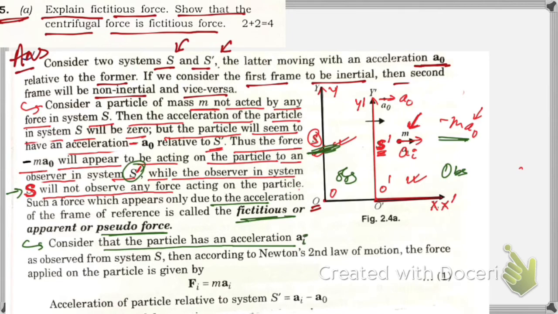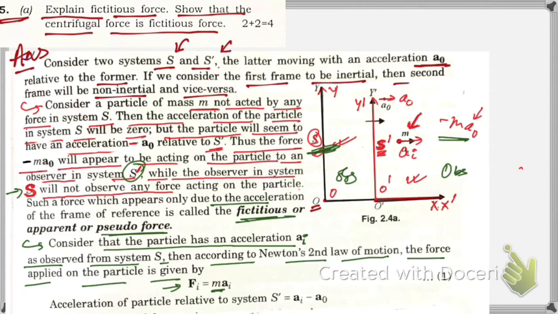So we have considered a particle has an acceleration a i. That means this particle is also moving with an acceleration. As an observer from the system S, according to Newton's second law of motion, the force acting on the particle is given by F i is equal to m a i.